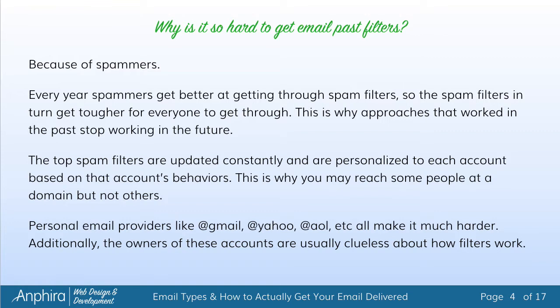The top spam filters are updated constantly and are personalized to each account based on that account's behaviors. This is why you may reach some people at a domain, but not others. Personal email providers like Gmail, Yahoo, and AOL all make it much harder. And the owners of these types of accounts are usually clueless about how filters work or how to get email through their filters.